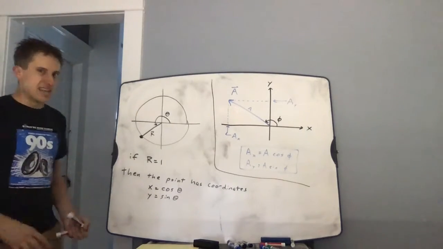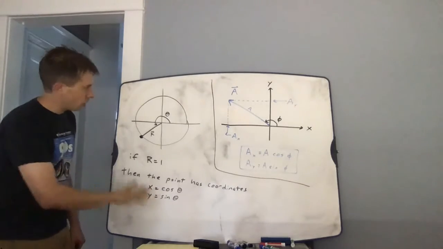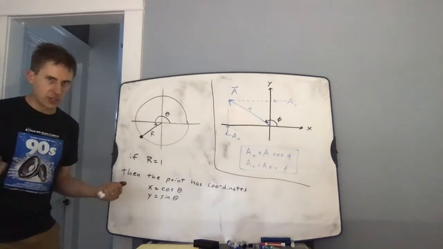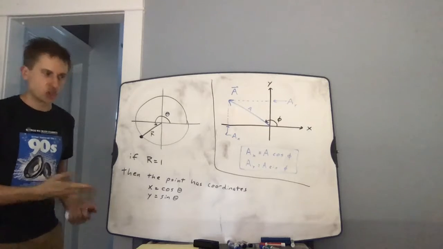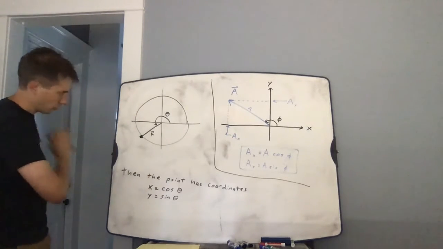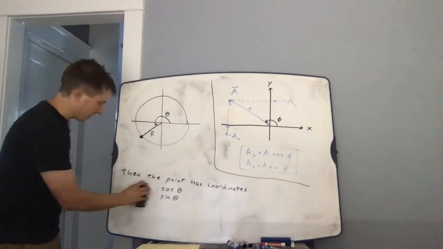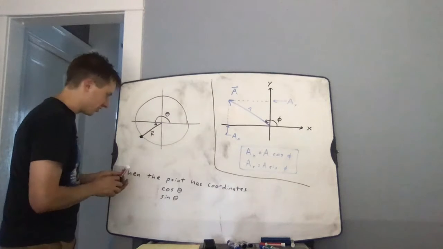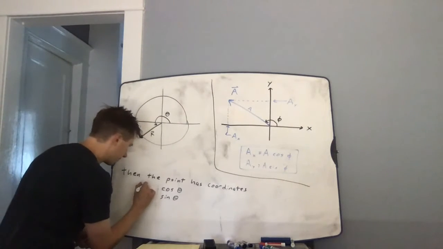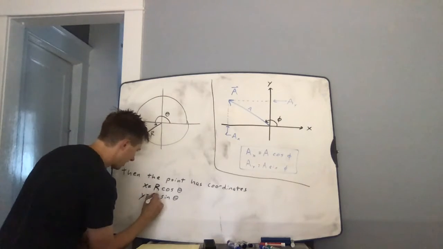Now, if r is not equal to 1, because again, if r equals 1, we're just back at the unit circle that we talked about at the beginning of this justification. If r is not equal to 1, we'll remove that restriction. Then the point will have coordinates x equals r cos theta, and y equals r sine theta.